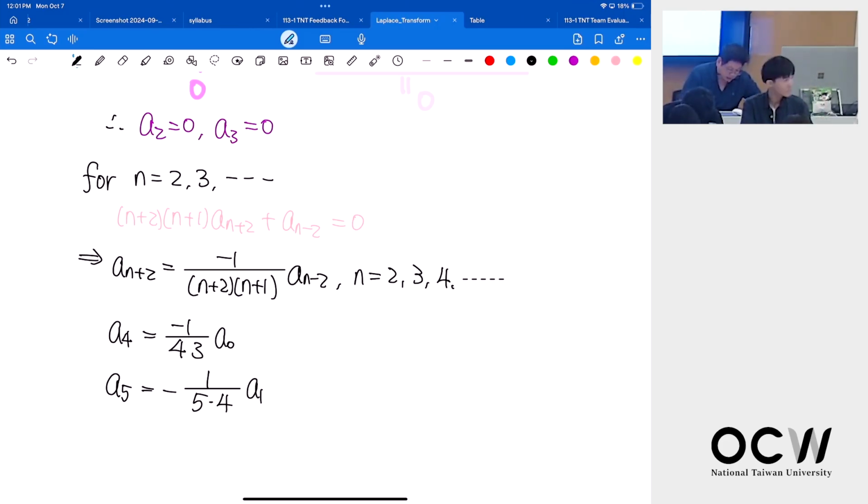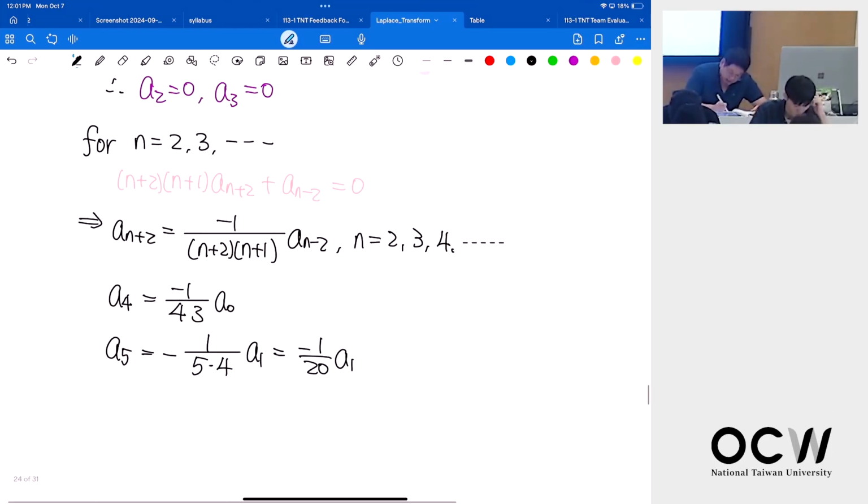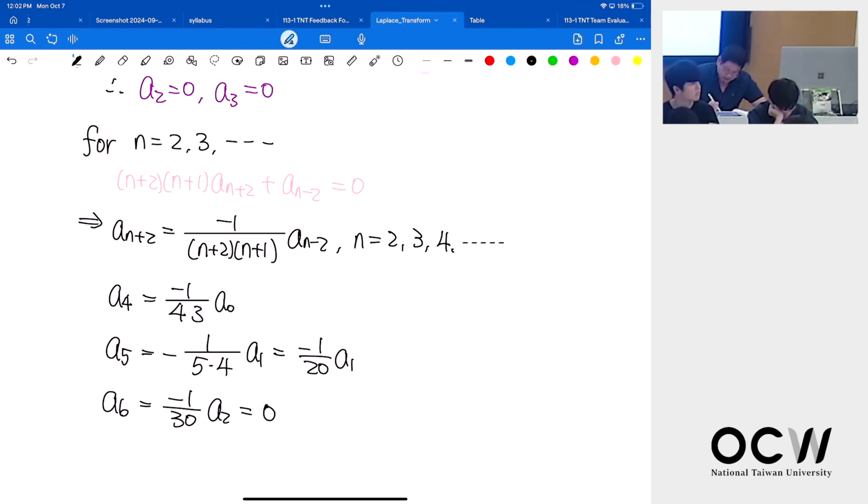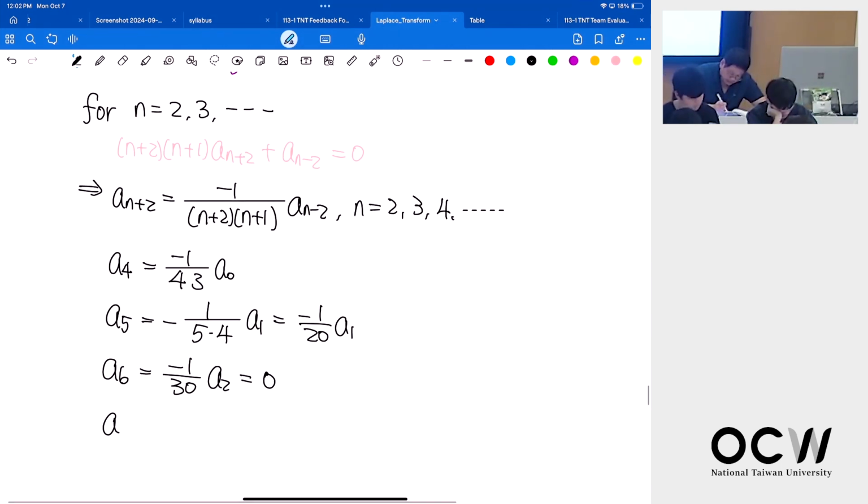And we know that this is minus 1 over 20 a1. And a6 will be minus 1 over 30 a2. And then we know a2 is 0, so a6 is 0. Next coefficient, a7, is minus 1 over 42 a3. And a3 is also 0.